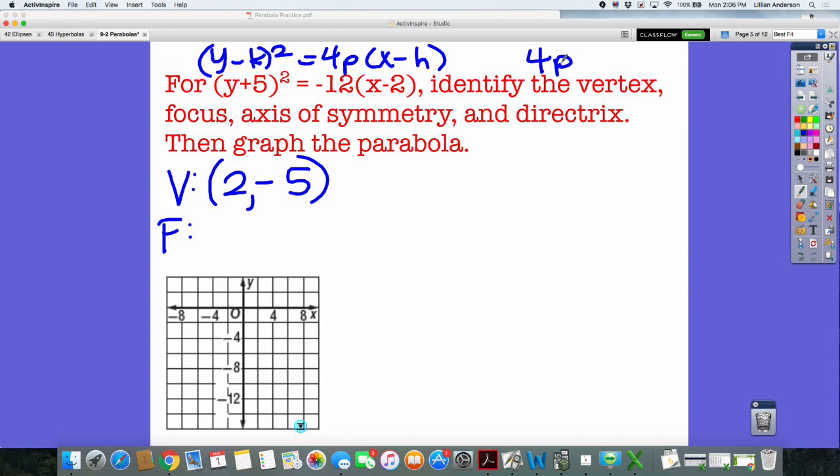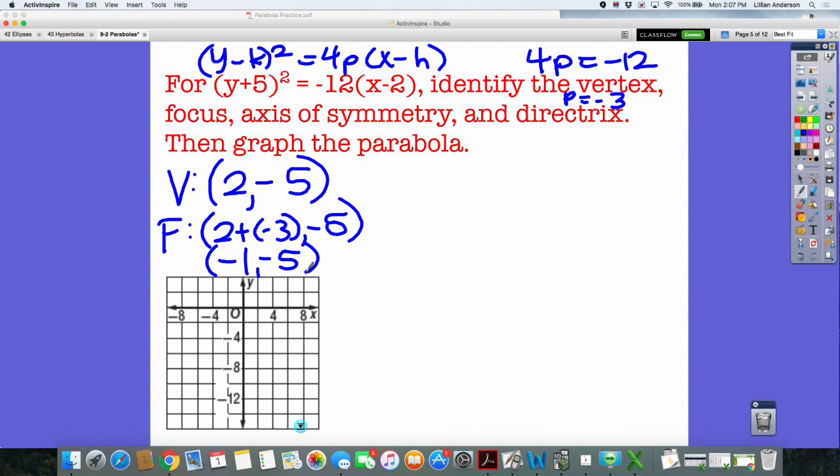You've got to set 4p equal to negative 12, a quick divide, and p is equal to negative 3. So I'm going to take that number, negative 3, and add it to the x value. So it's going to be 2 plus a negative 3, which is negative 1, negative 5.